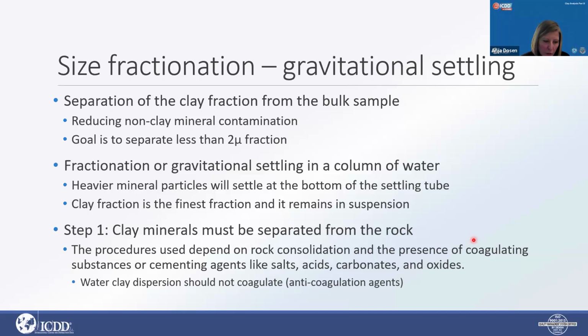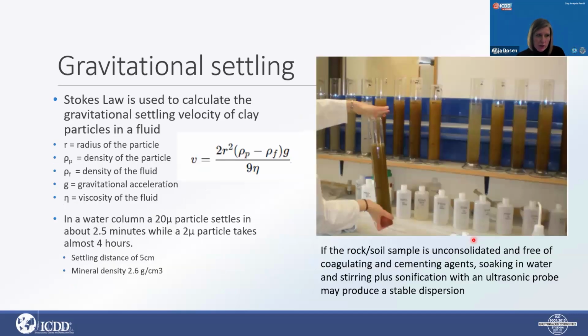So depending on your rock, you will need to go through a certain type of preparation. Once the clay is in dispersion, we don't want the clay minerals to flocculate, so we may use some anticoagulation agents to maintain the clay in suspension.